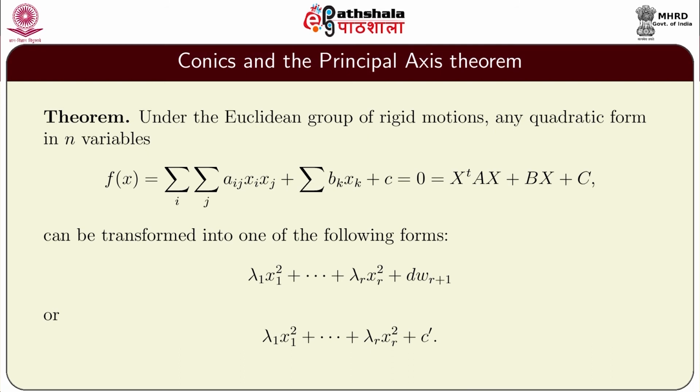We only have monomials of the form xi^2, and at the most one linear term like d w_{r+1} or a constant term c'.